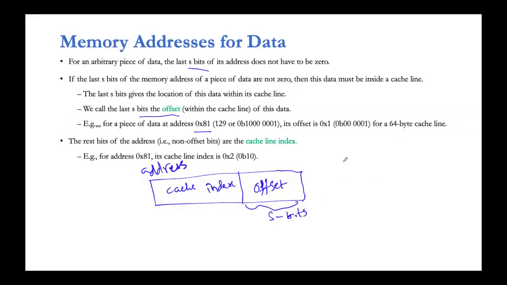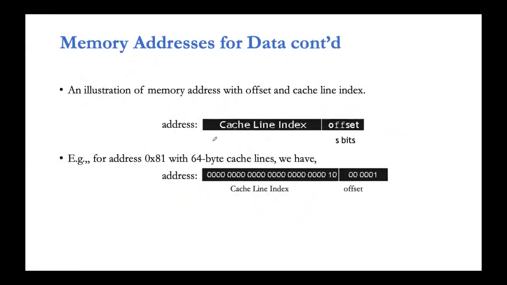This is very important. Cache line addressing is in two parts. The last part is the offset, which gives the exact location of the data in that cache line, and the first part is the index of the cache line, in which that data is available, right? So here is an illustration of the memory address with the offset and cache line index, as just drawn in the previous slide.